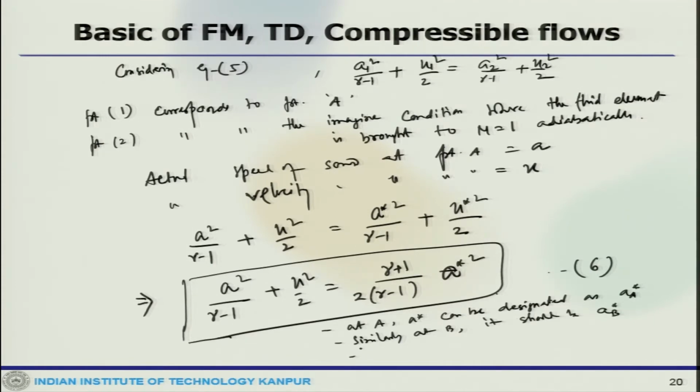So, if the flow is not adiabatic between A and B, then A star would not be the same, or if the flow is adiabatic everywhere, then A star would be C. For isentropic flow also A star would be C.